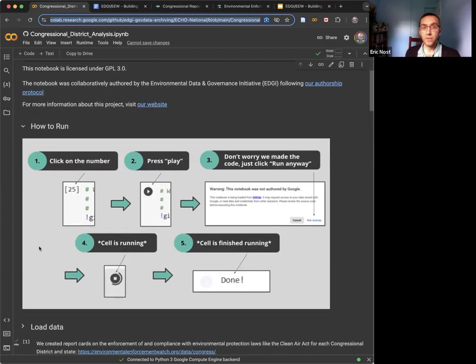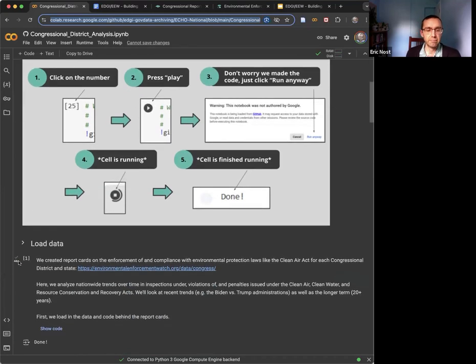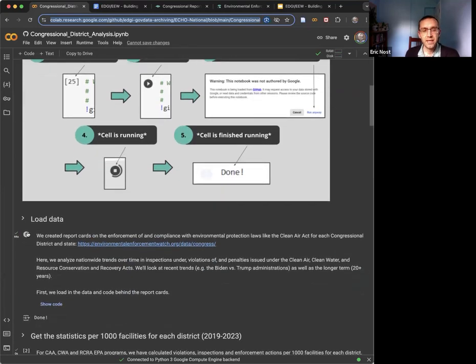They're pretty straightforward to run if you don't have a programming background. If you do have that background, you're able to edit it and intervene and mix it up however you like. But if you don't have that background, it is as simple as pressing play.